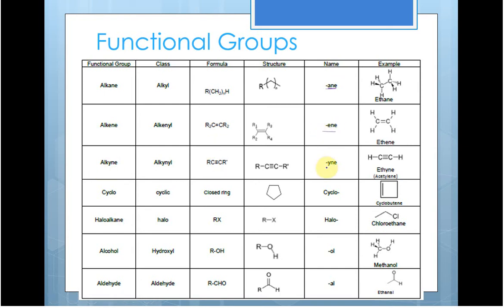Alkynes have a triple bond and end in -yne. Cyclohydrocarbons are going to be a closed ring-like structure. Generally, you're going to see 5 and 6 membered rings, but you start with the prefix cyclo. So this has all single bonds, so it's still going to end in -ane, but it's going to start with cyclo.